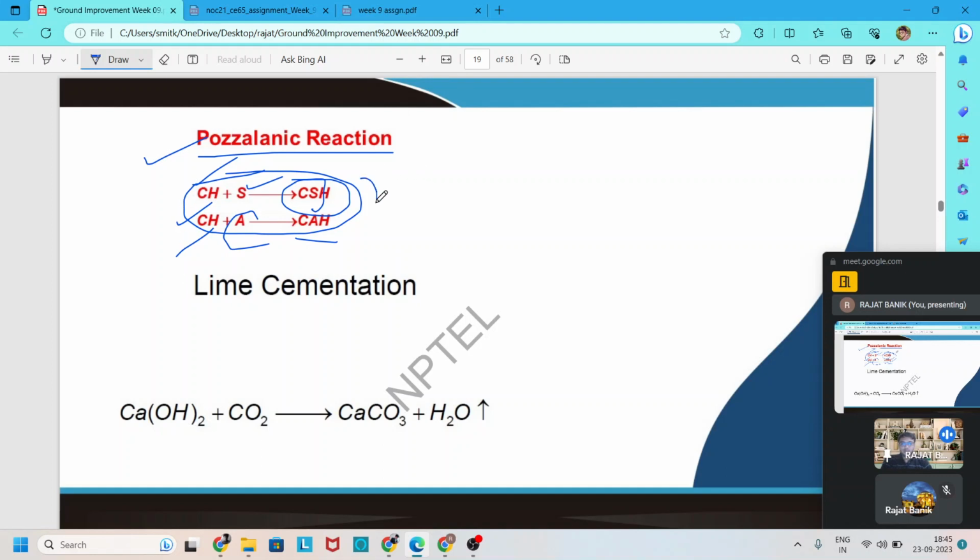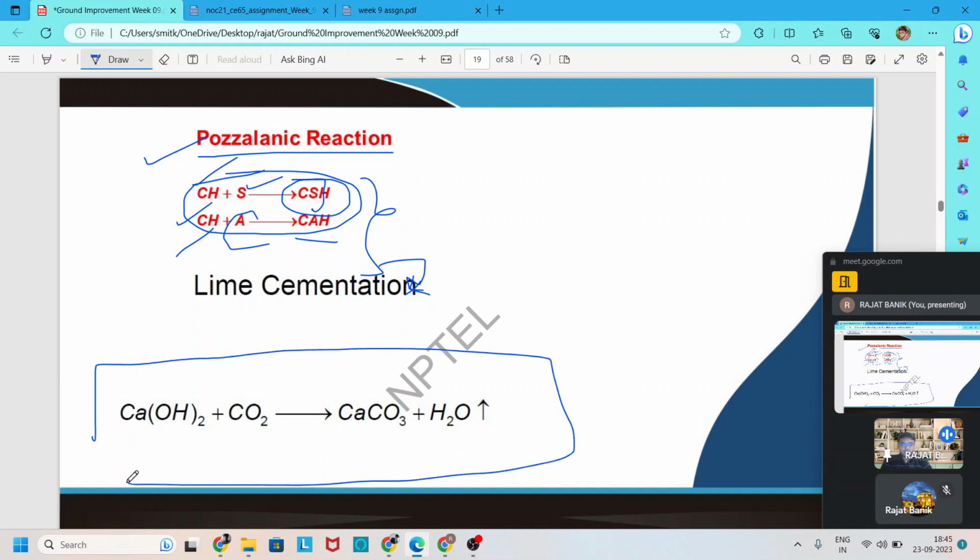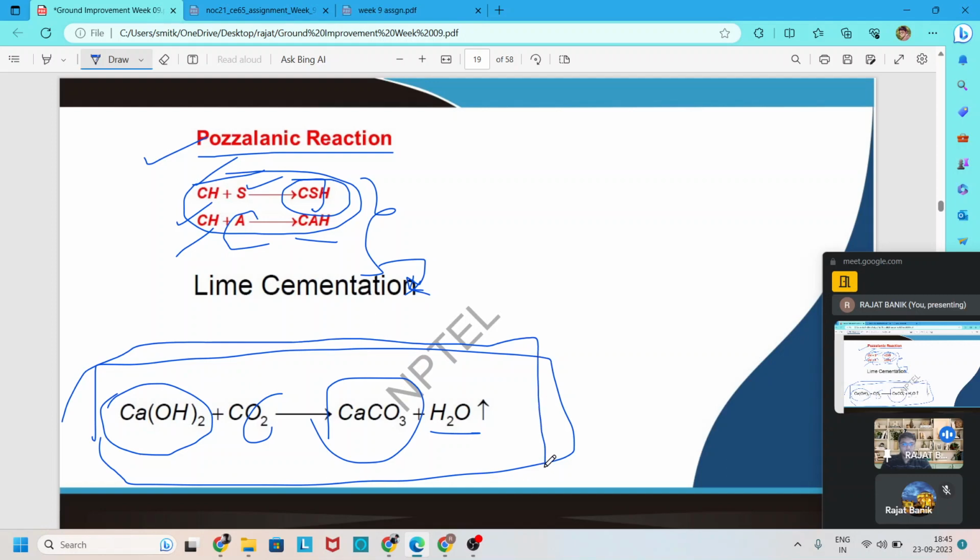These two are called lime cementation minerals. Here one chemical reaction is given: calcium hydroxide plus carbon dioxide forms calcium carbonate plus H2O. In this way, cementitious material is formed.